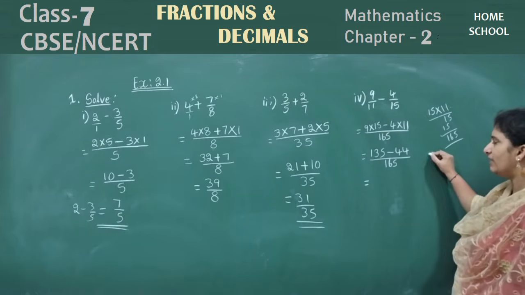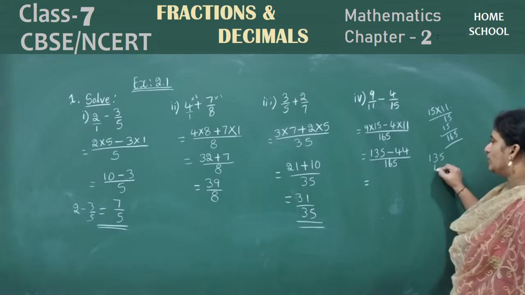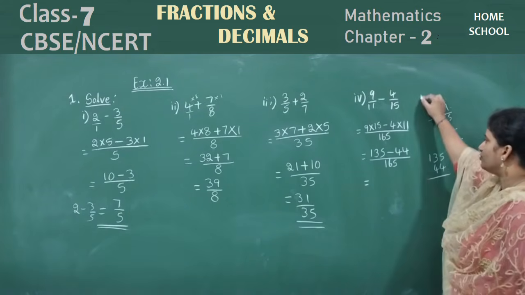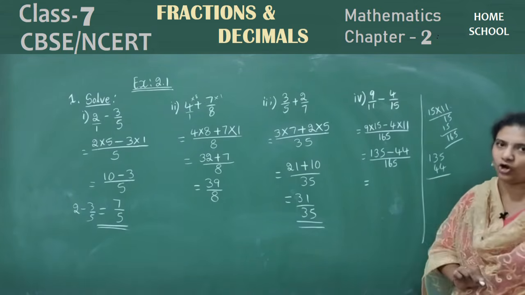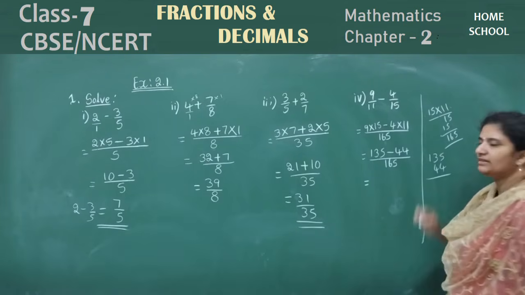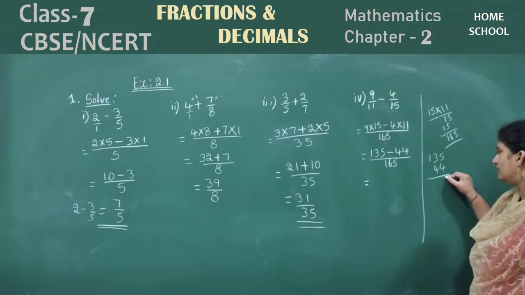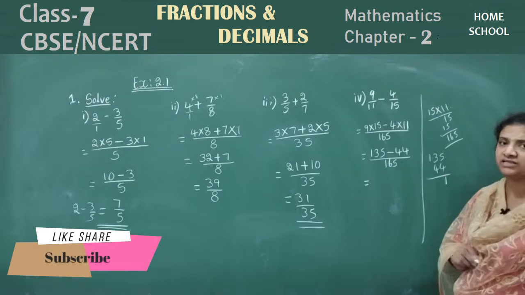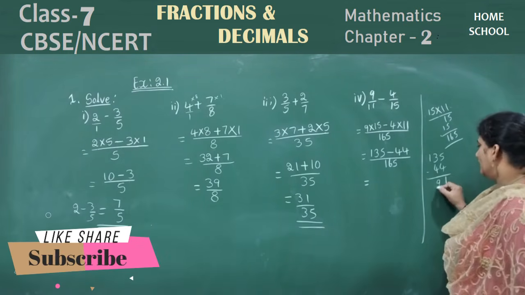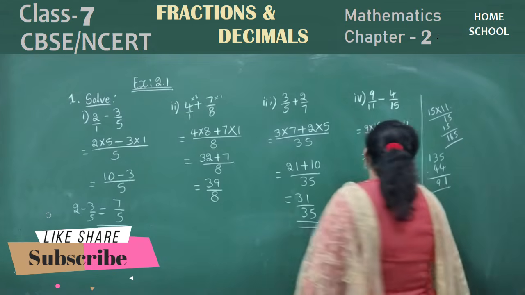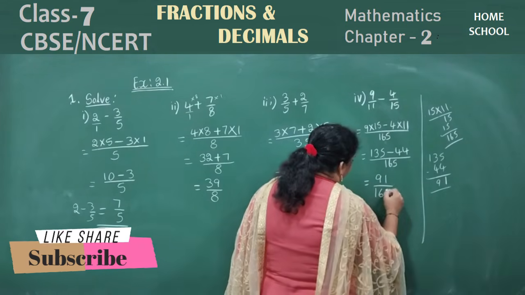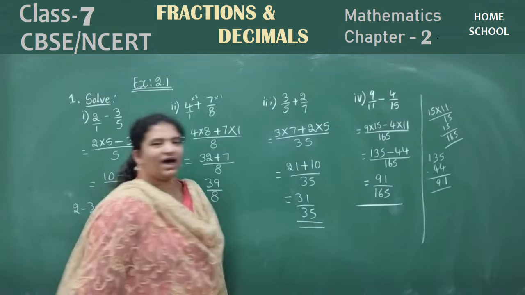So whatever rough work you have, you can do in your notes like this by drawing a rough column. Okay, subtract this, children, now. What will it be? 5 minus 4 will be 1. 13 minus 4 will be 9. That will be 91 by 165 is your answer.